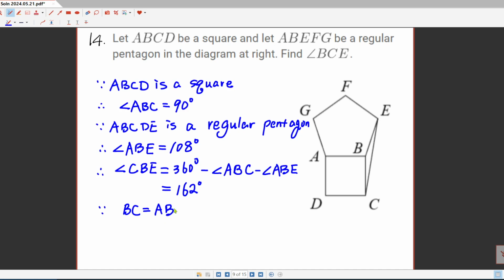And we also know that BC equals AB equals BE. Therefore, we know triangle BCE is isosceles, right?